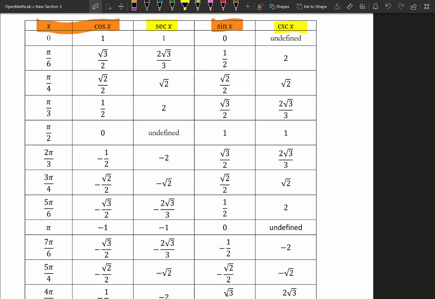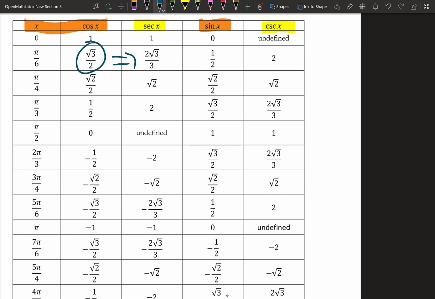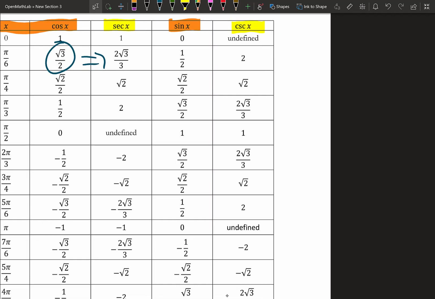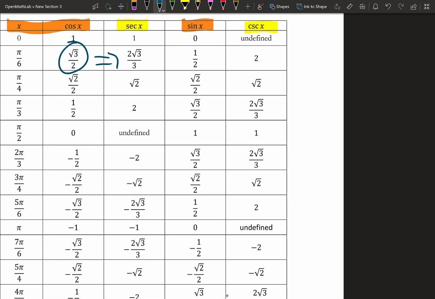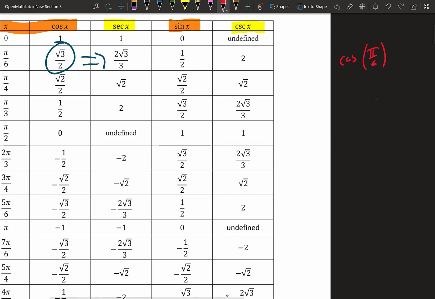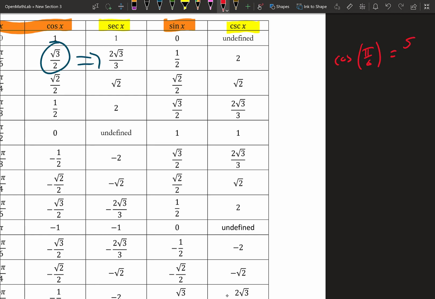You might be wondering how I get these values. We already looked at finding them by the unit circle. For example, cosine of pi over 6 is equal to radical 3 over 2.